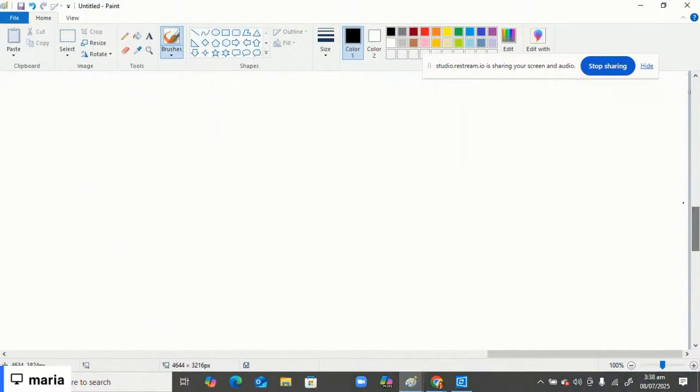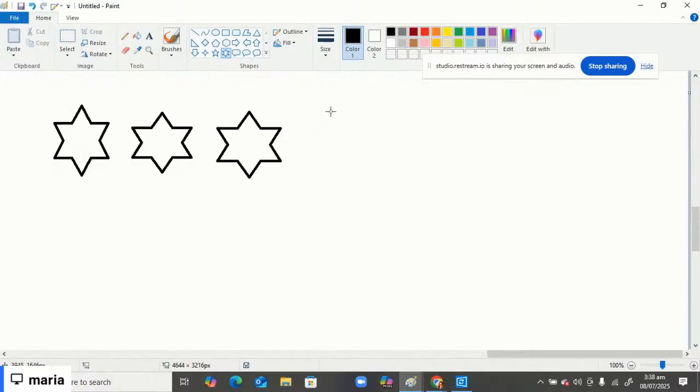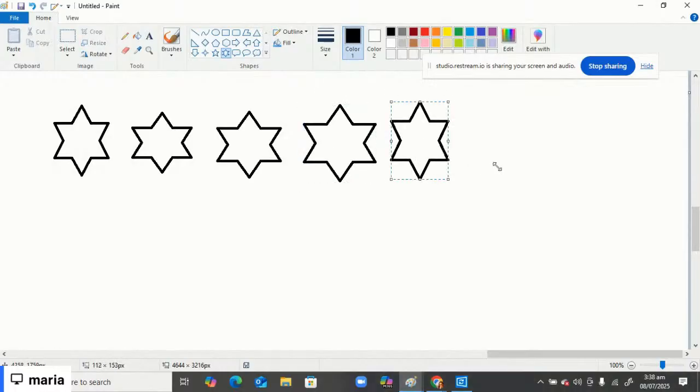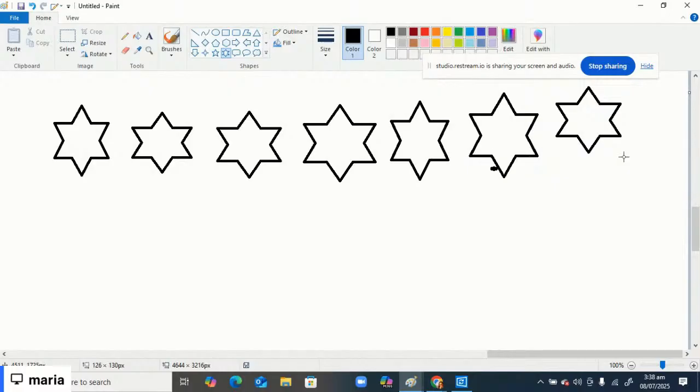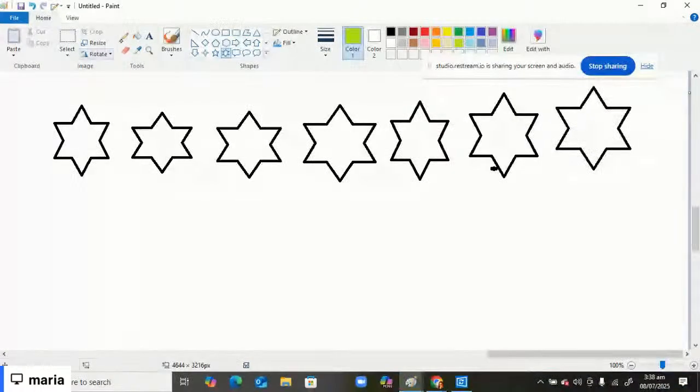Now let's do it. For example, I'm going to draw the squares here. I'm going to draw this shape here. So here are total 7 shapes.